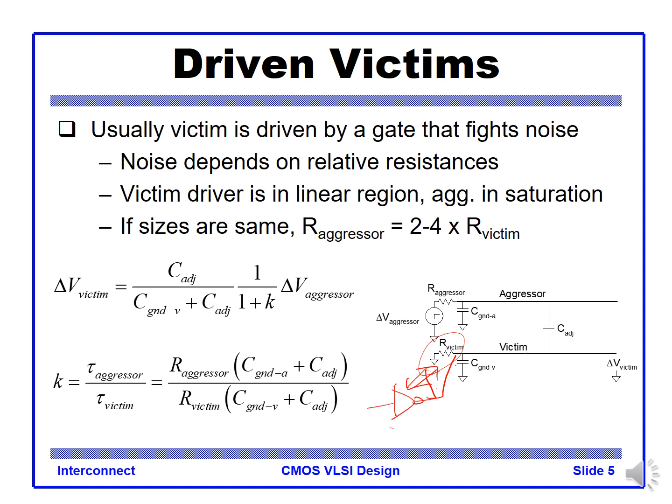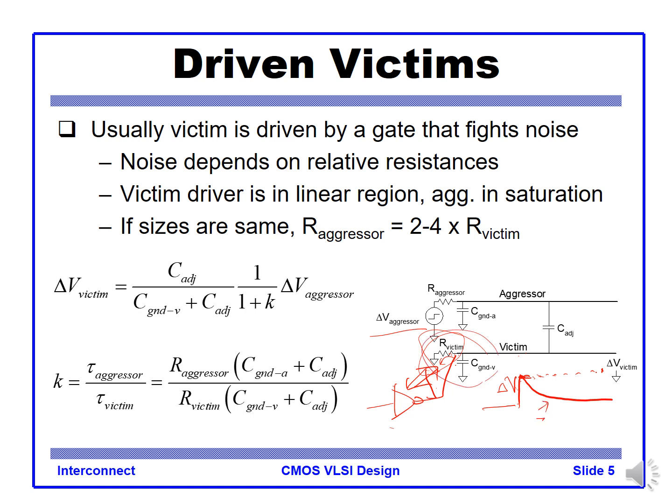So notice now, initially the victim will change voltage by delta V. Let's say the aggressor changes by delta V, then V out on the victim side will have a voltage change. Without R victim, it would stay high, but because of the discharging R, it will go down by the RC time constant that we are seeing here.